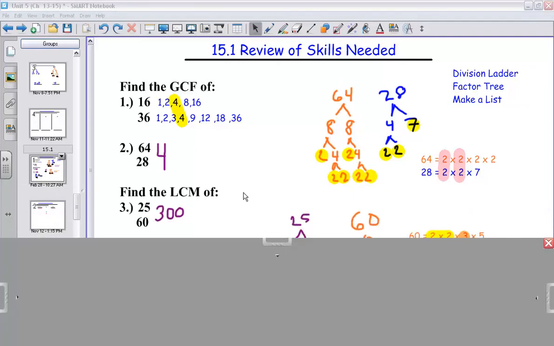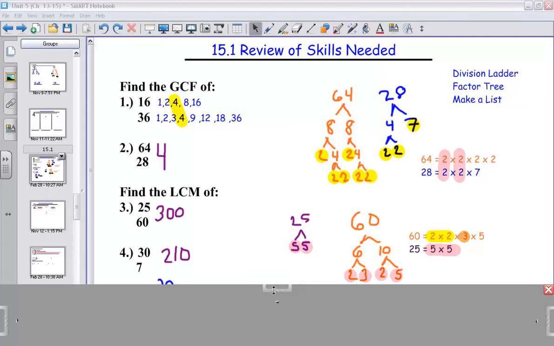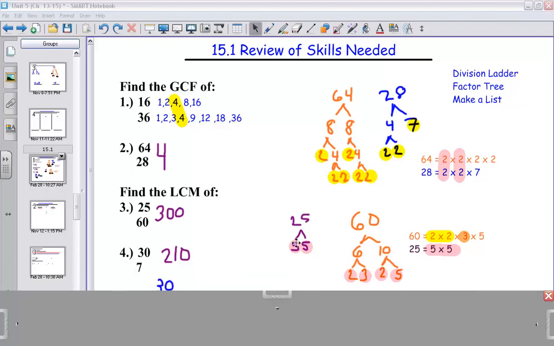Same thing, when I'm looking for the least common multiple, I might not know all of the multiples off the top of my head of 60 or of 25. 25 is easier than 60. So anyway, I chose to again make a factor tree. Here's my factor tree, and again, this is something that if you're not good at this needs to be written in your notes. So I make my factor tree of 25, my factor tree for 60.